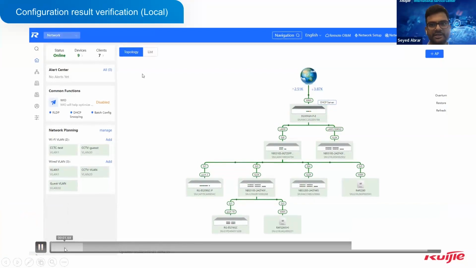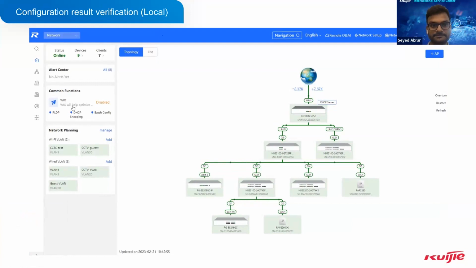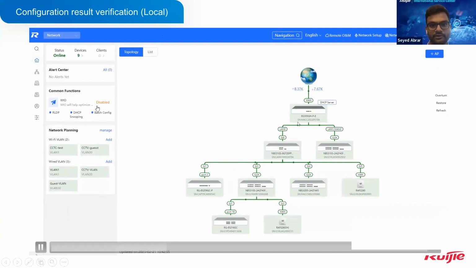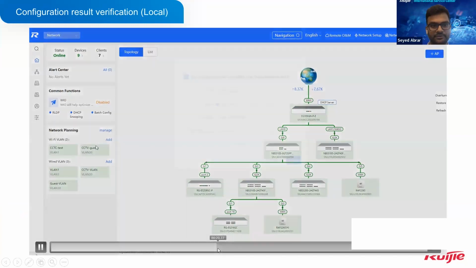To verify it, you can connect to the local devices. You can log into the local devices, or create an e-web of the local devices to verify it. Or you can check the functions I showed you, to see whether the VLANs are created or not.